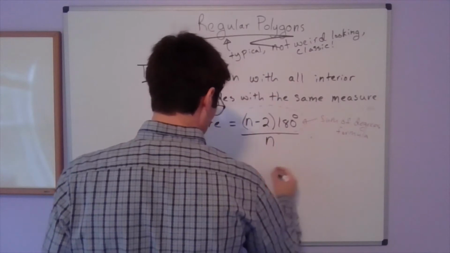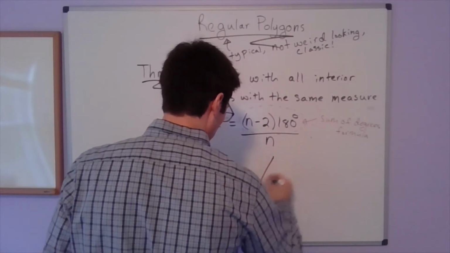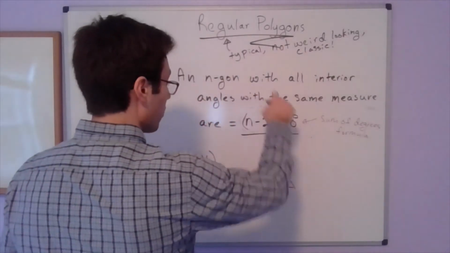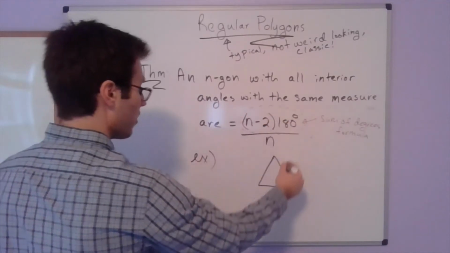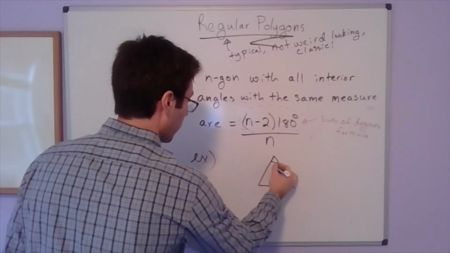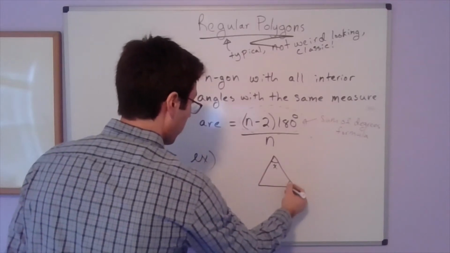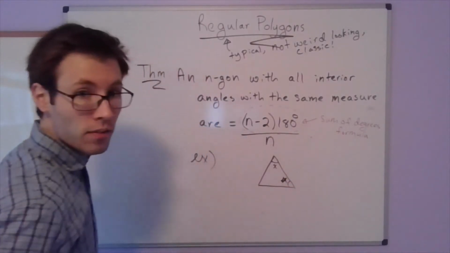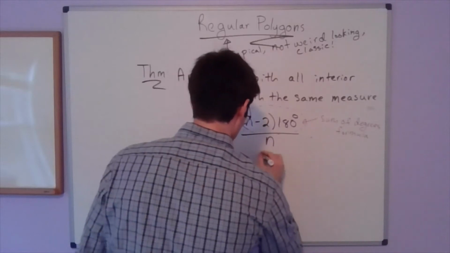Everyone knows that if you have a triangle, an n-gon, so this is a 3-gon, with all interior angles with the same measure. If this angle was x, all of the interior angles have the same measure, so this angle right here must also be x. And then here, I don't like that x. Sorry.